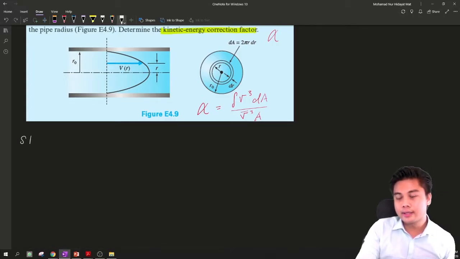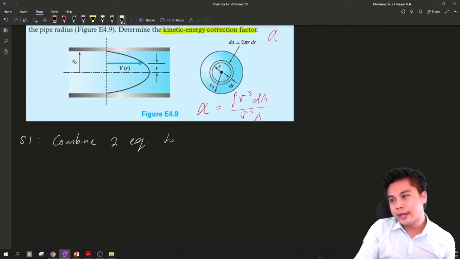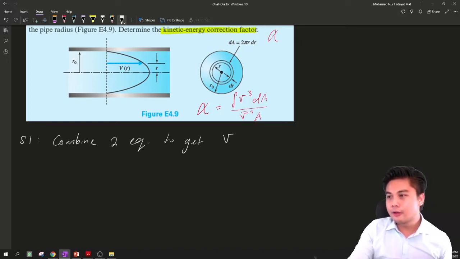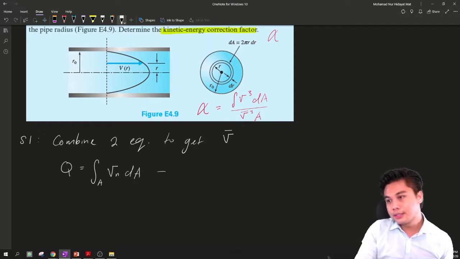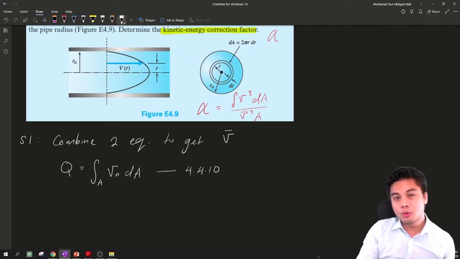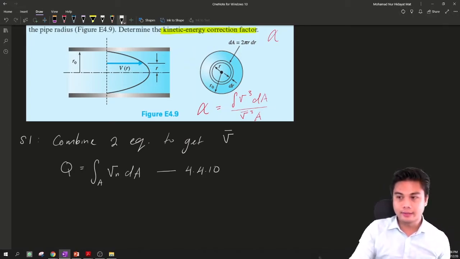Step number 1, combine two equations to get the average velocity. So what are the equations? Equation 1 is Q equal to the integral over area of velocity and dA. This is equation 4.10 under chapter 4, we refer to the book Potter, Fluid Mechanics.